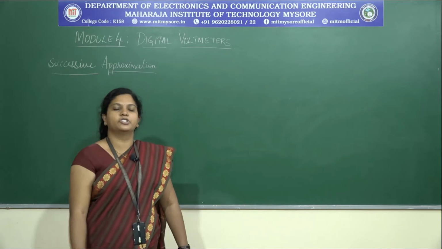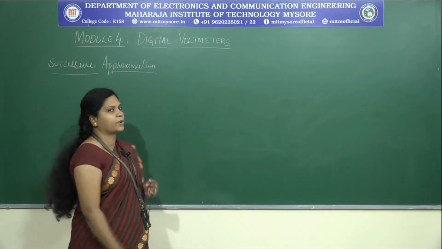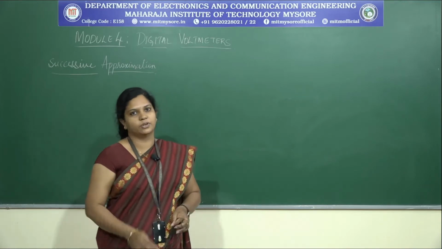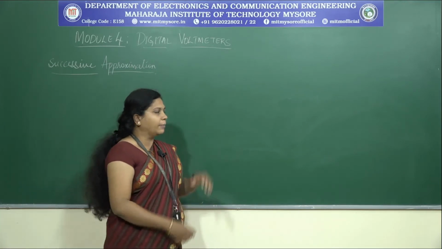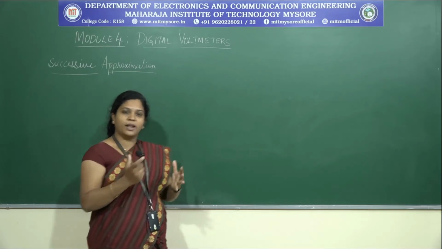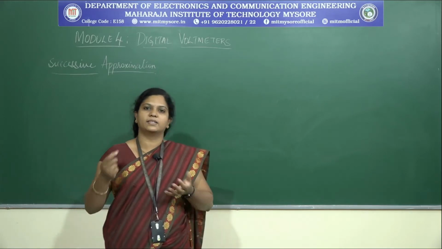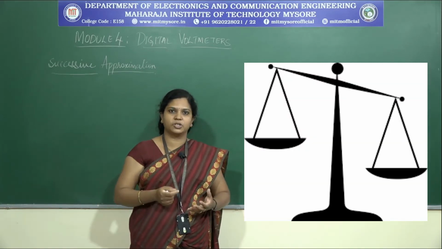Now, the next type of digital voltmeter which we are going to study is the successive approximation type digital voltmeter. Now, what does approximation mean? We have all gone to vegetable vendors, and nowadays everywhere we see a digital display weighing machine.